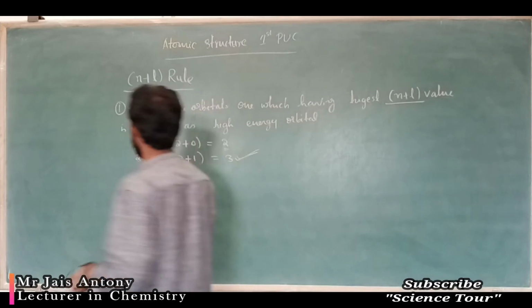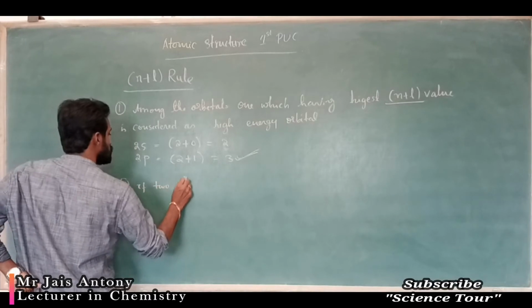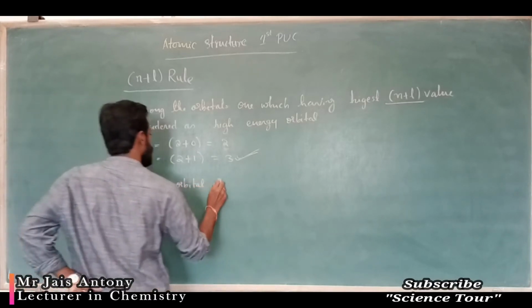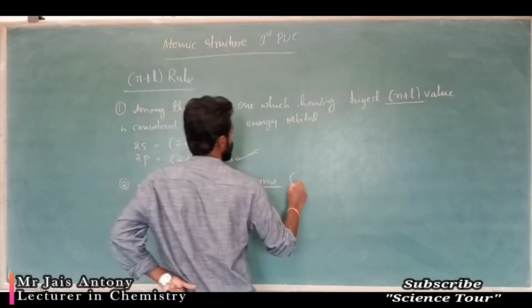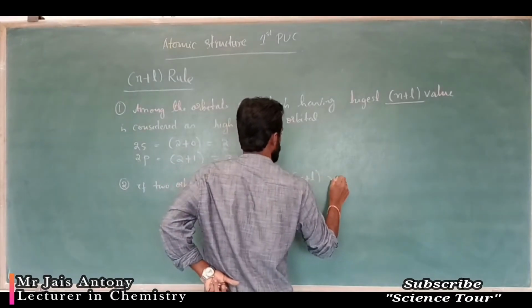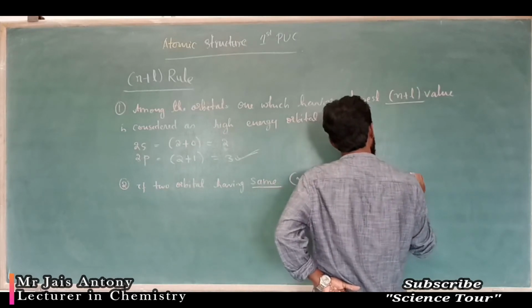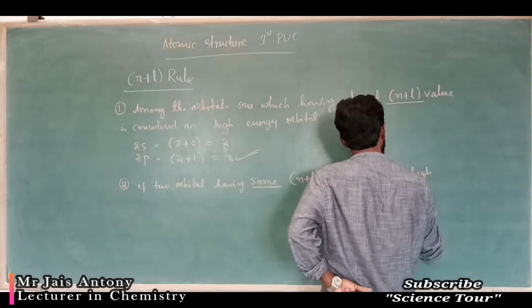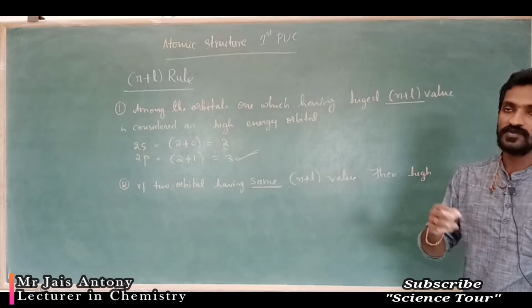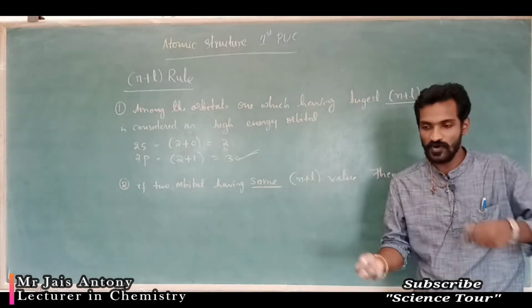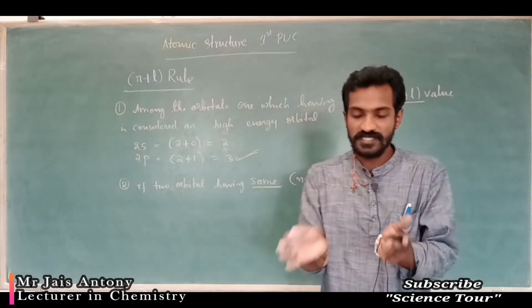Now imagine two orbitals are given, and both have the same n plus L value, meaning the same energy.